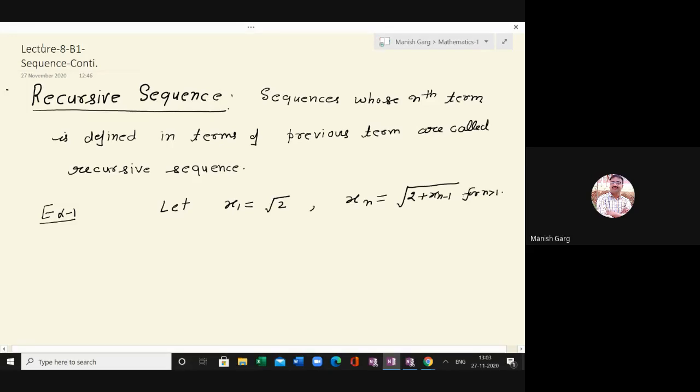So this is a recursive sequence. Yes, Gaurav. This is x1 equals square root 2, and all the terms for n greater than 1 are written in terms of the previous term: x2 is written in terms of x1, x3 in terms of x2. So this is a recursive sequence. Now the question is: is xn convergent?